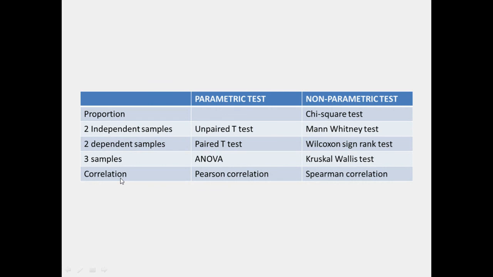For example, the previous example, effect of diet on dental caries. You have to find out that in case you are increasing your carbohydrate intake, is your dental caries increasing or reducing. That is called correlation. You're finding out the relation between the two variables. For that, if you are using a parametric test, it is the Pearson correlation test, and in case of a non-parametric test, it is the Spearman correlation test.